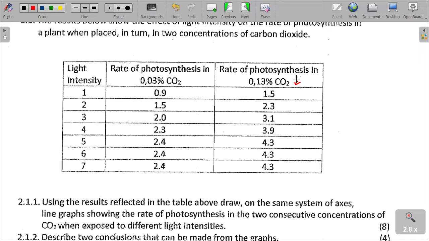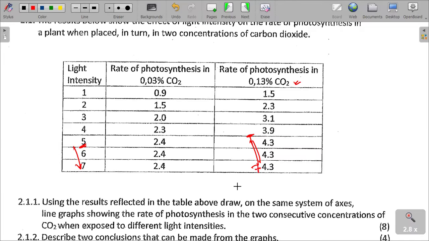Here it's 0.9, 1.2, 1.5, 2.0, 2.3, 2.4, and then it became constant from 5 up to 7, as well as the other one, which also became constant from the same level, from 5 up to 7.